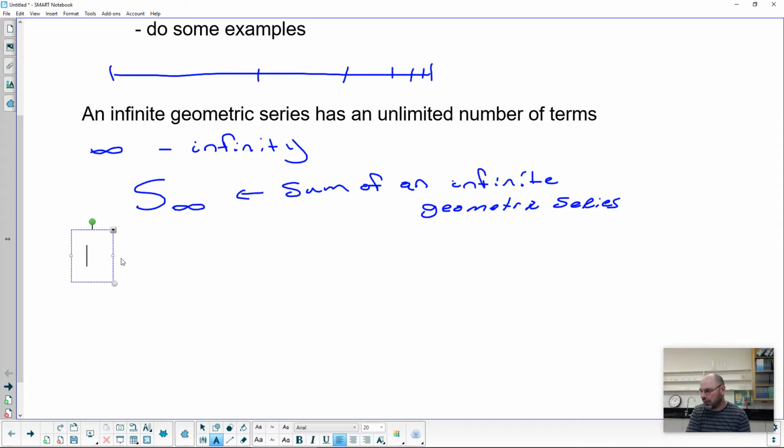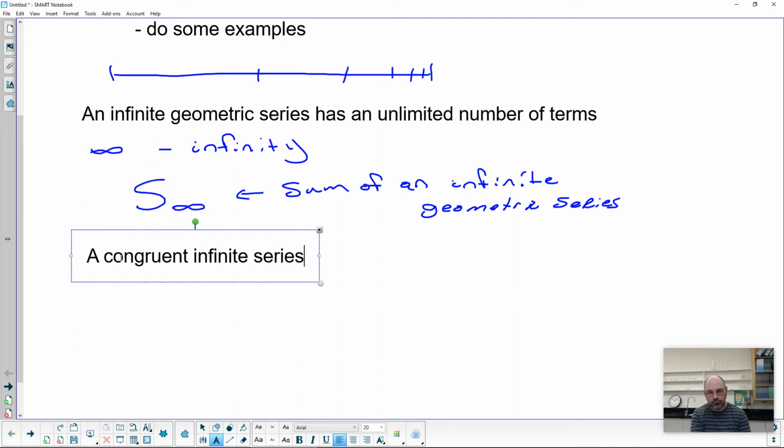If we talk about a convergent infinite series, it is a series whose partial sums approach a fixed value.